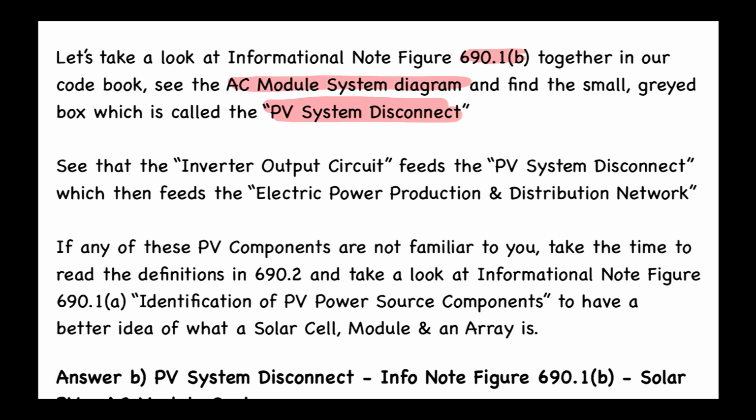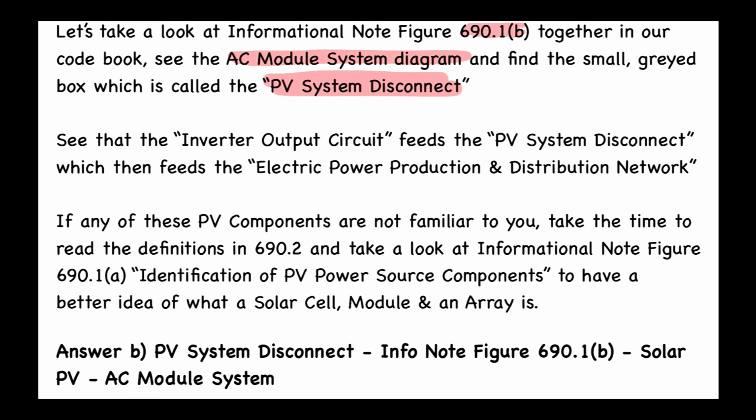If any of these PV components are not familiar to you, take the time to read the definitions in 690.2 and take a look at the informational note figure 690.1a, which is called the identification of PV power source components, to have a better idea of what a solar cell, module, and an array is.